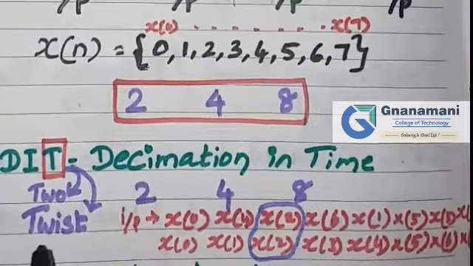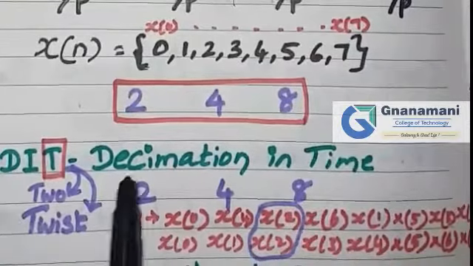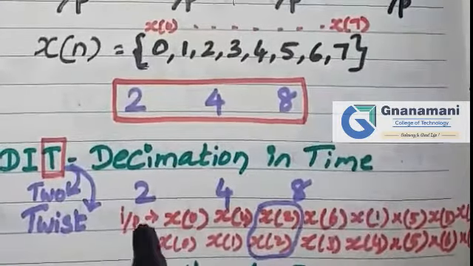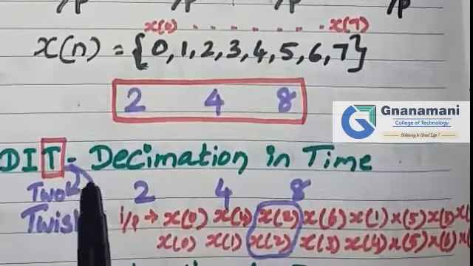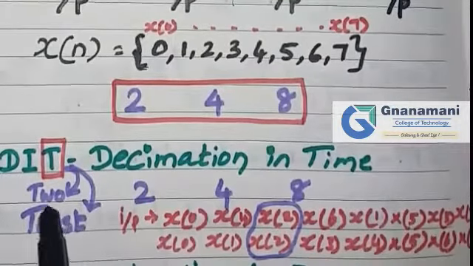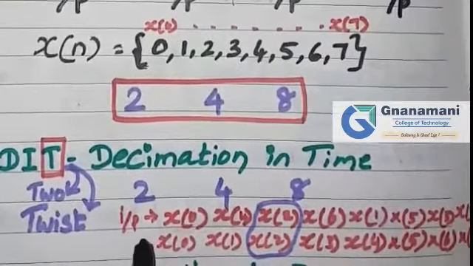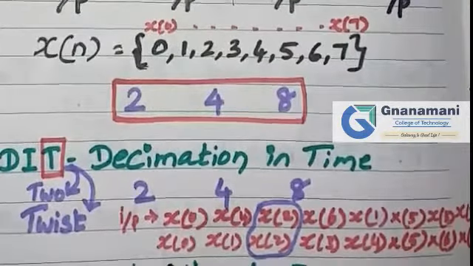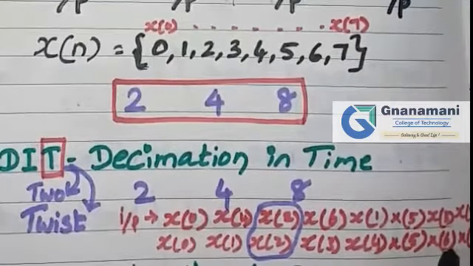Simply for remembrance we are keeping it like this. It is not the actual meaning; the actual meaning is time. For our remembrance we keep this T as 2 and twist. I will tell you later what this 2 and twist actually refers to. The input sequence will be 0, 1, 2, 3, 4 up to 7.